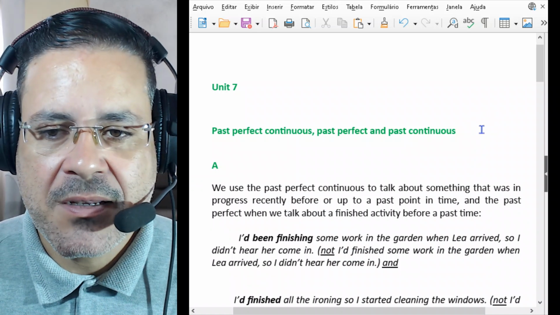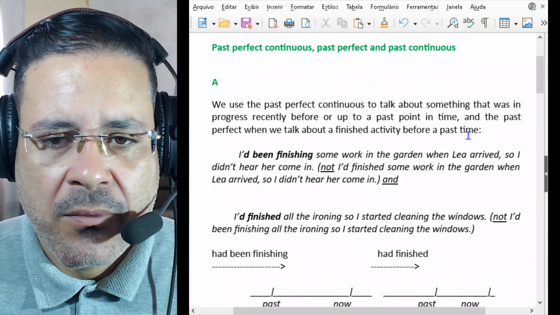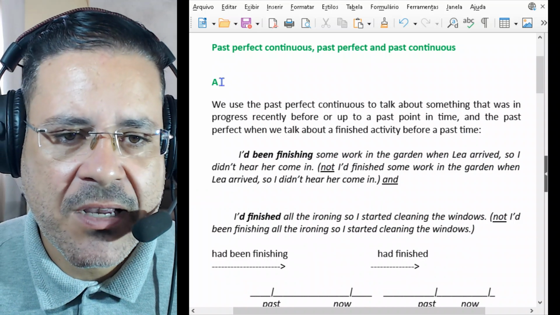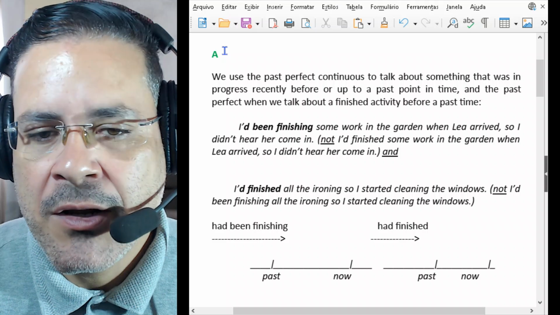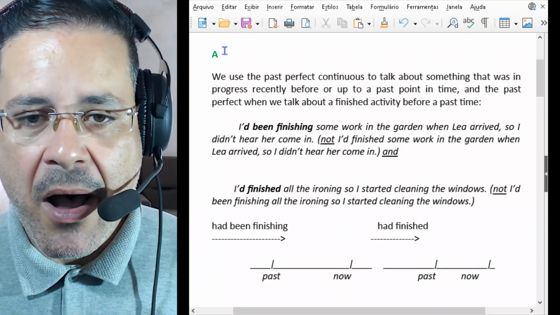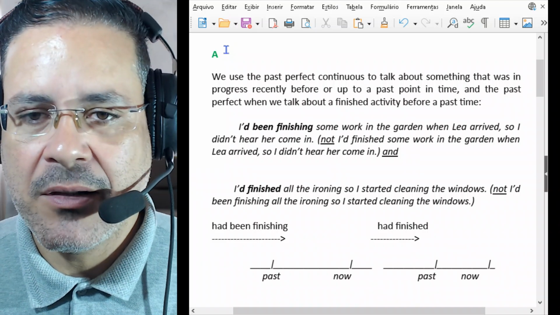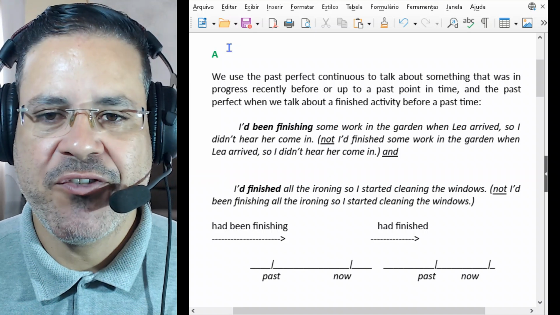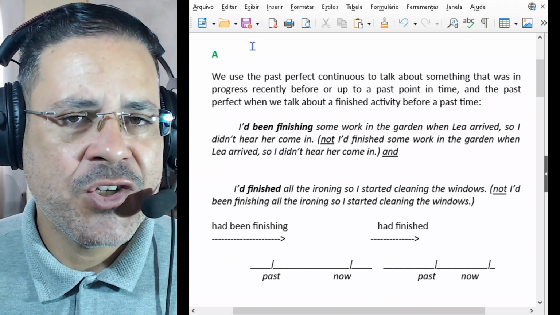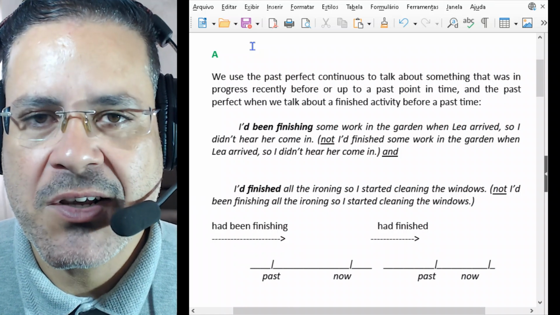Okay, let's start it. We're going to start with section A. Okay, so let's read the text out loud so that you can learn grammar and at the same time you can learn the pronunciation, connected speech, elision, intrusive R, all the things, stress, word stress, sentence stress.